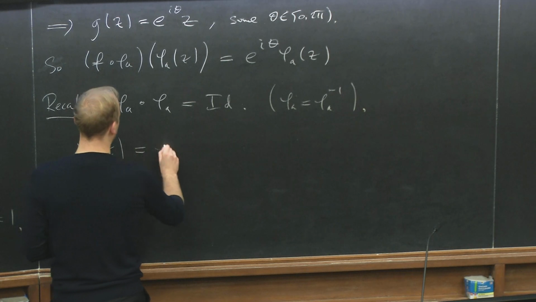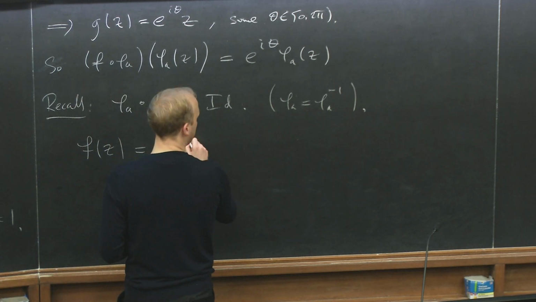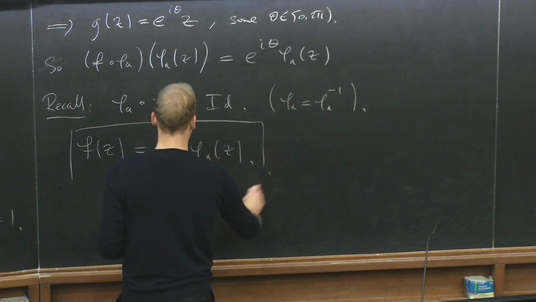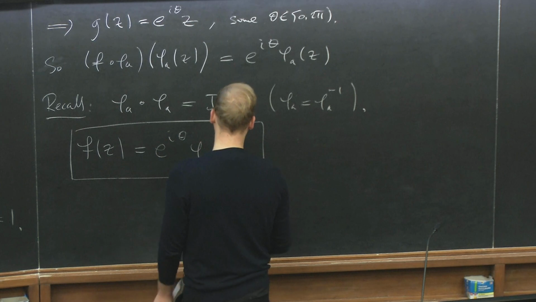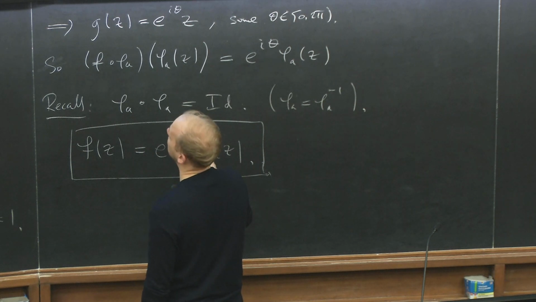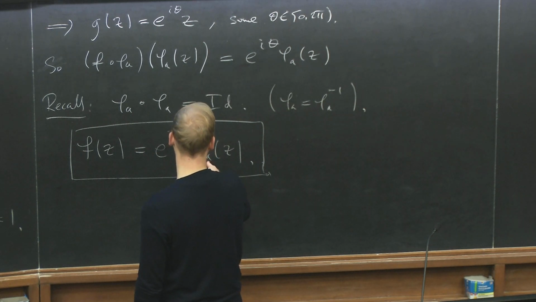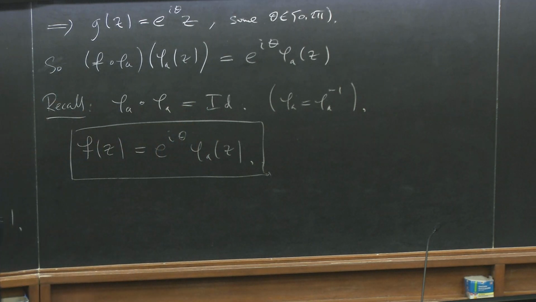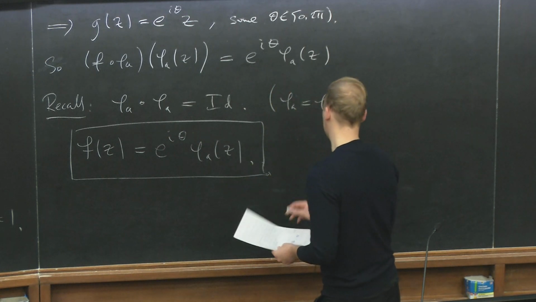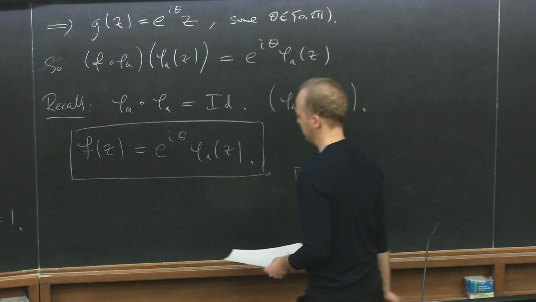So the conclusion is that f of z is equal to e to the i theta times phi a of z, where a is a complex number in the unit disk, but we can actually say even more, having gone through the proof. a must actually be the complex number which maps to 0, such that f of a is equal to 0. So it is of this form, and this finishes the proof.